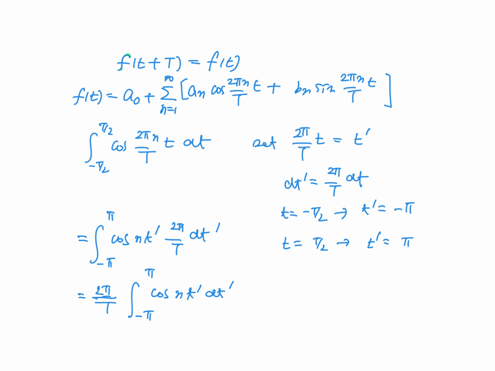So basically we went back to the previous analysis, right? So we can apply the same analysis as before. So this is basically 0 when n is not 0. Also, same goes.